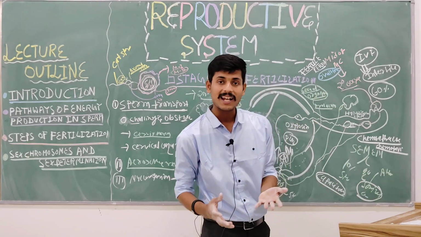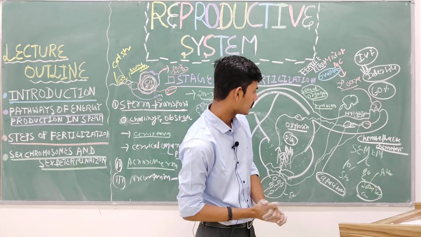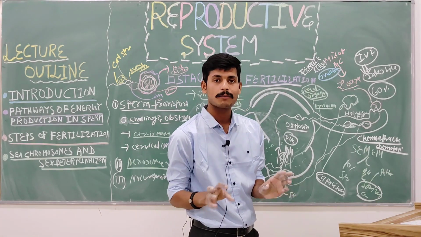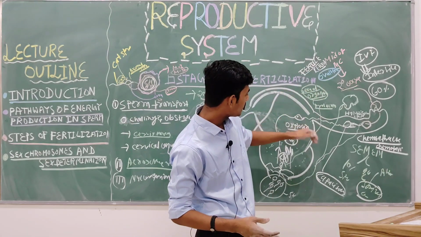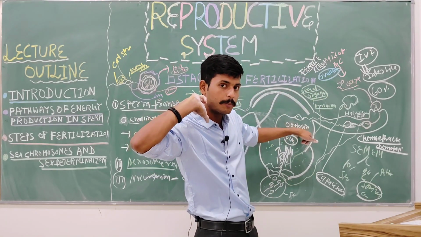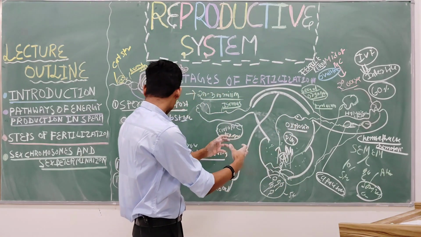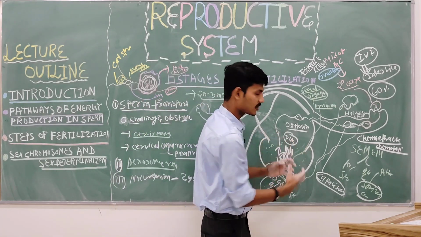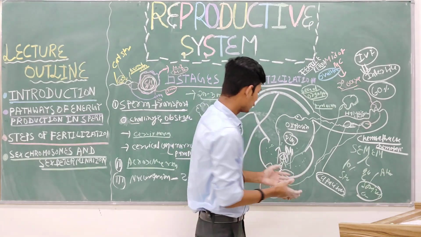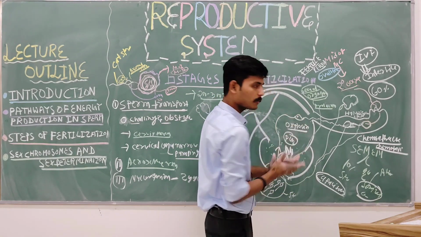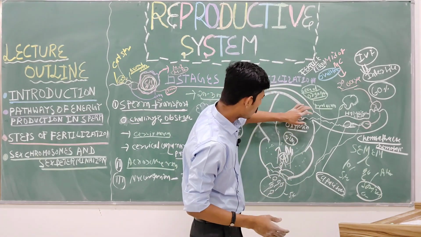In the semen, the seminal plasma, the major portion of the semen, has some prostaglandins. And the female also has oxytocin, which is released by the posterior pituitary. Both of them cause a uterine contraction, which further enhances the movement of the sperm. Understood? Now what happened?